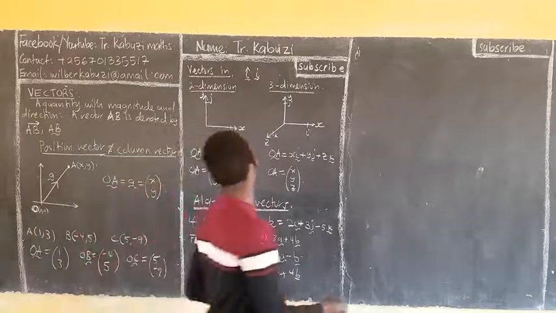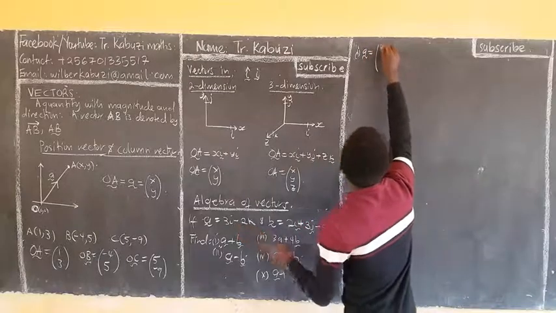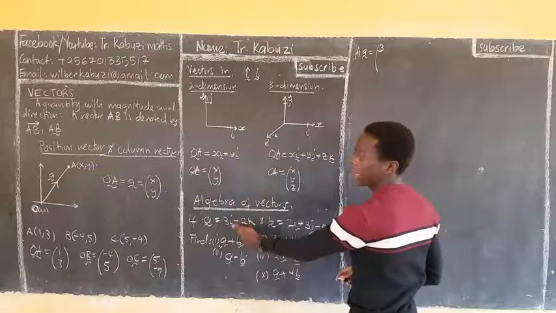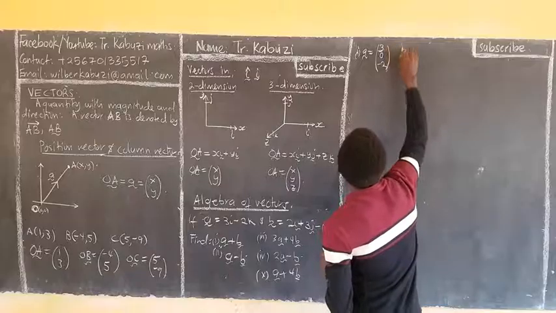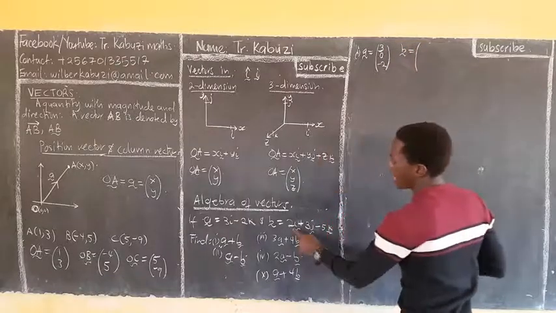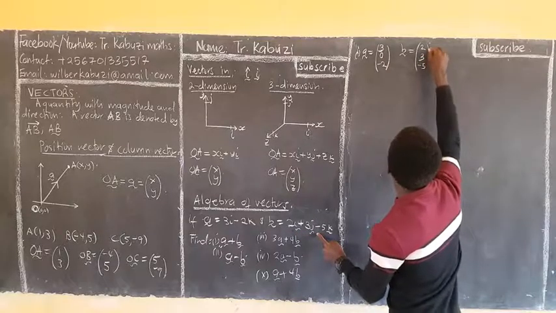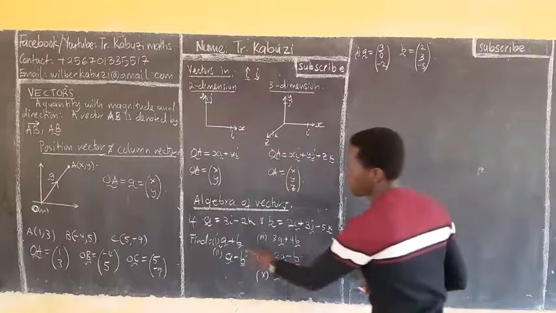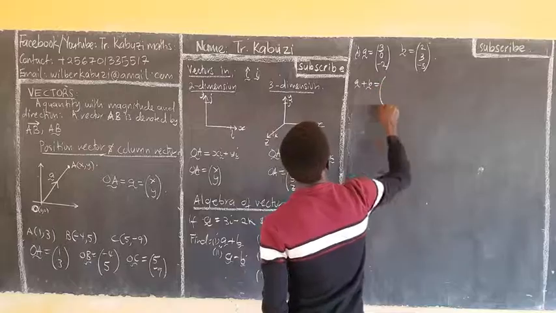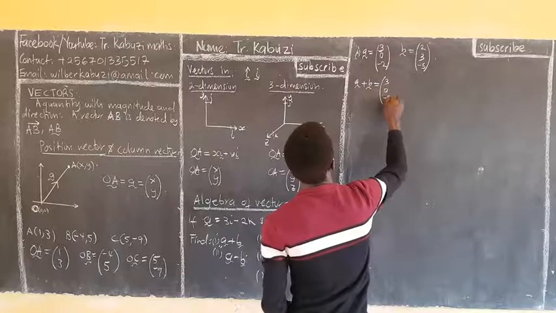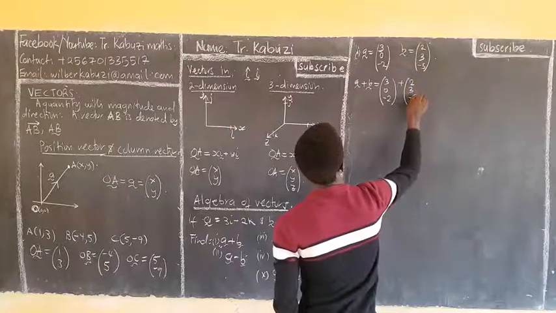So from here, my A is 3. I'm missing the j, meaning that the j is 0, and here I'm having -2. Then my b is 2, 3, then -5. So if I want a plus b, it will be 3, 0, -2, the a, plus the b, which is 2, 3, -5.